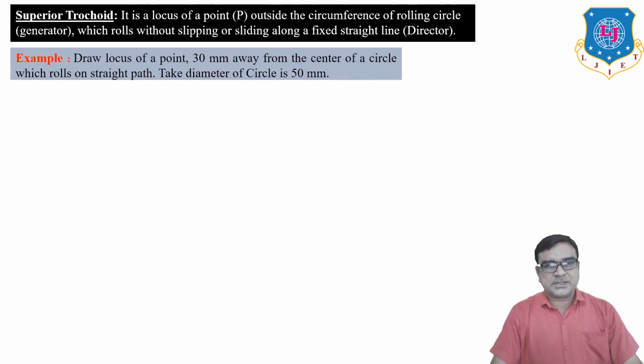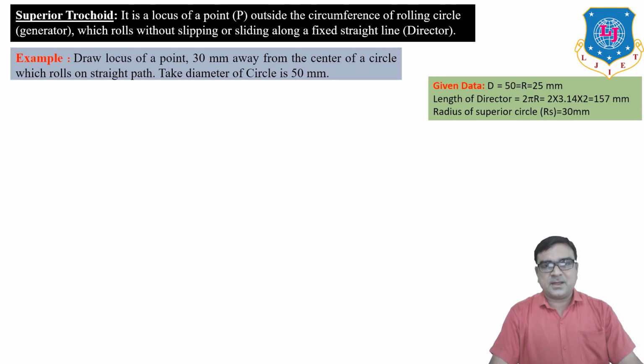Take the diameter of the circle as 50 mm. Given the diameter or radius, the length of the circumference 2 pi r is 157 mm, and the radius for the arc to obtain the superior trochoid is 30 mm.